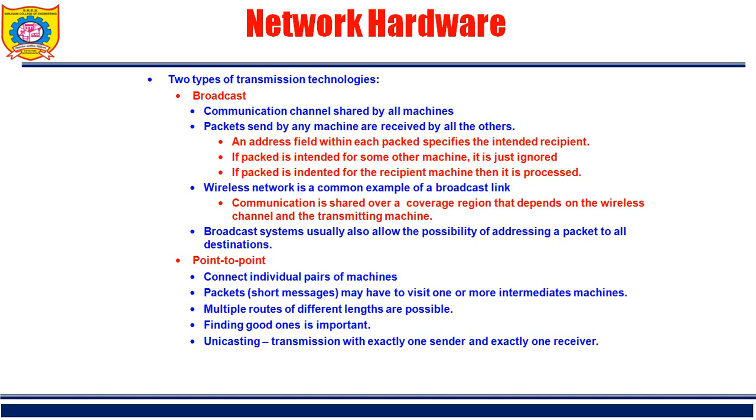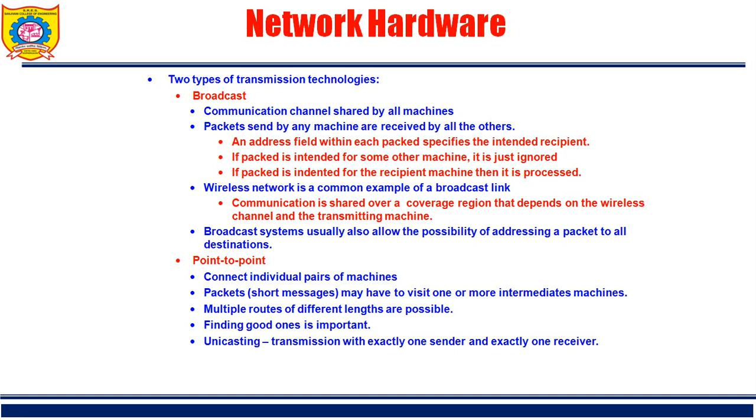First, the transmission technologies. Transmission comes in two types, called broadcast and unicast, and there is a third category that we call multicast. First we'll see what is meant by broadcast. Broadcast means the communication channel is shared by all machines. All machines can communicate with each other.